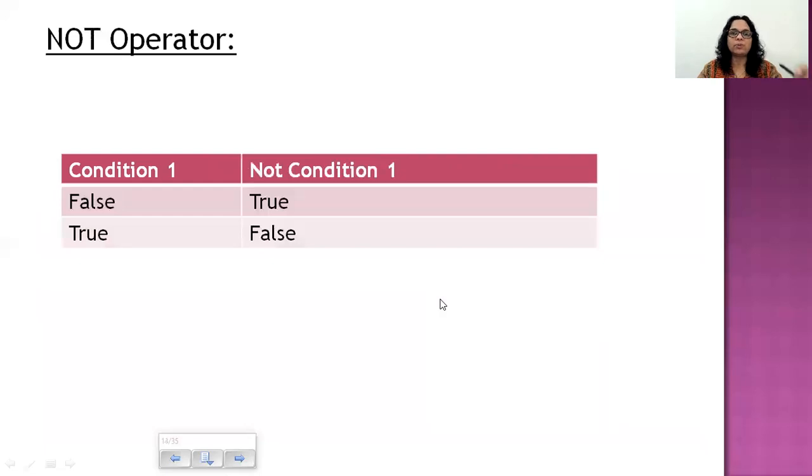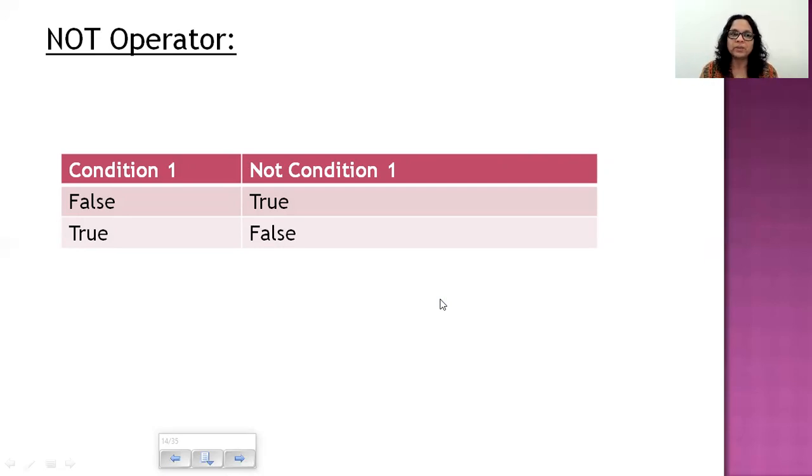Coming to the not operator, it's a little different from and and or. And and or are binary operators. What do I mean by this? I couldn't write condition 1 and stop there. Binary operators work on two operands, so you need a condition before the word and and a condition after the word and.